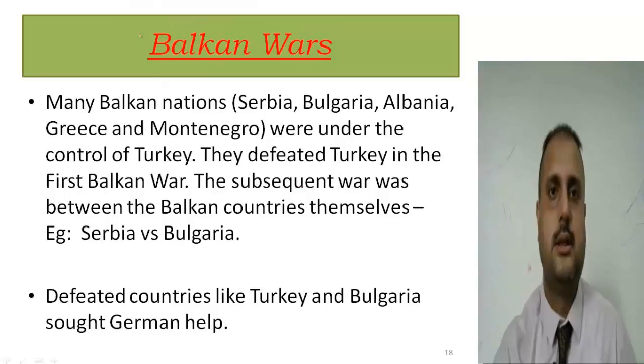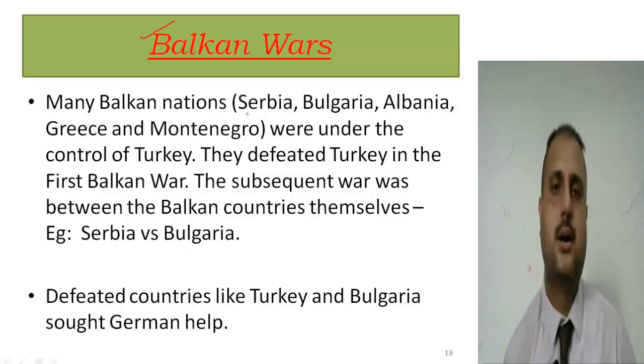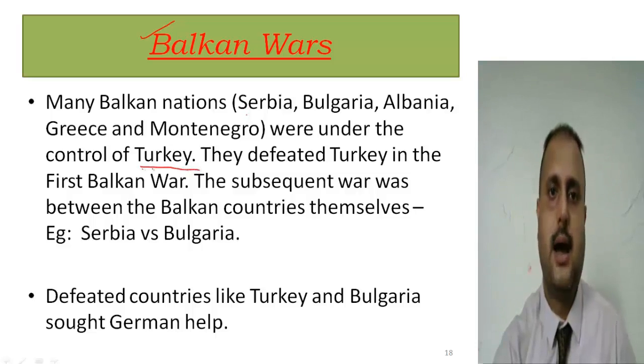Balkan War. Serbia, Bulgaria, Albania, Greece and Montenegro belong to the Balkan region. The whole Balkan region was under the control of Turkey, but these Balkan states united against Turkey, and after they became free, they were themselves involved in the war.